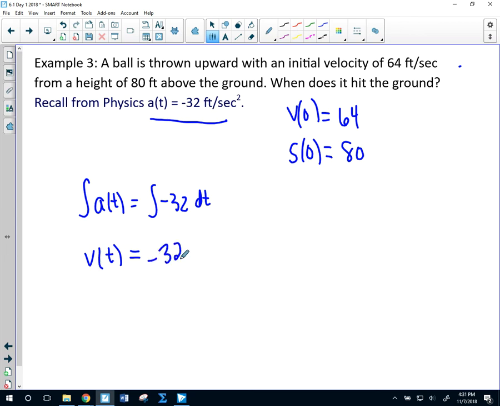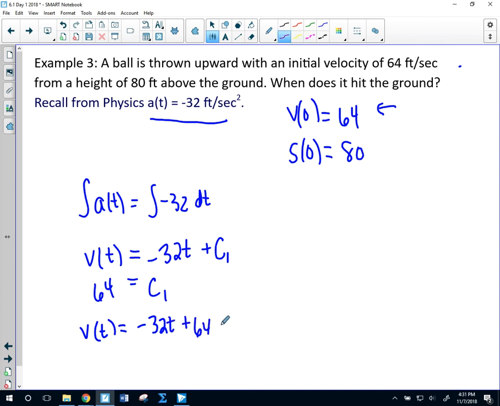And this is negative 32t plus c, I'll call it c1. And now is when this initial velocity condition is going to help out. So when time is 0, velocity is 64. So 64 goes here, 0 in for time. So the constant for the velocity function is 64. So therefore, my velocity equation is negative 32t plus 64.